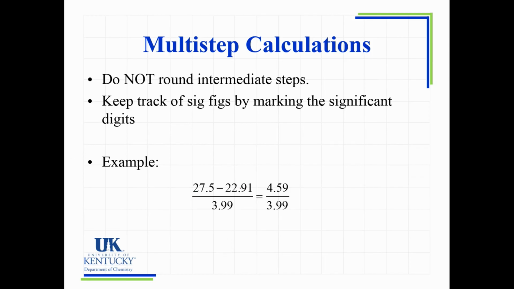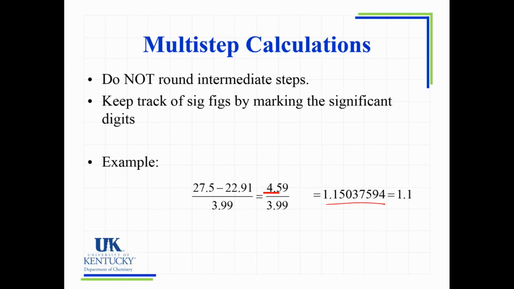When I subtract these 2 numbers, I get 4.59, and that's carrying all the digits that would come from my calculator. Then I want to divide that by the 3.99. I plug that into my calculator, and look at all these digits I get.